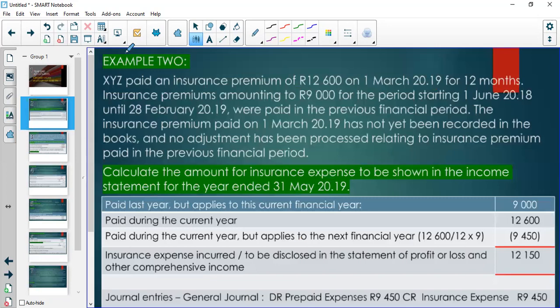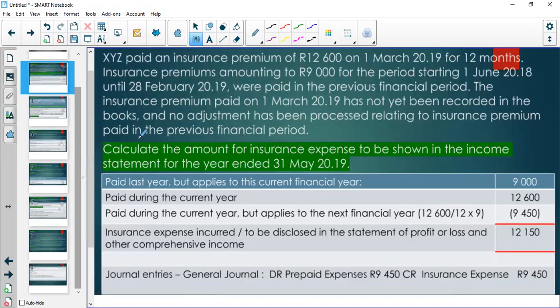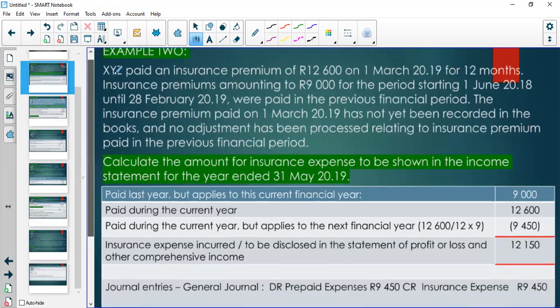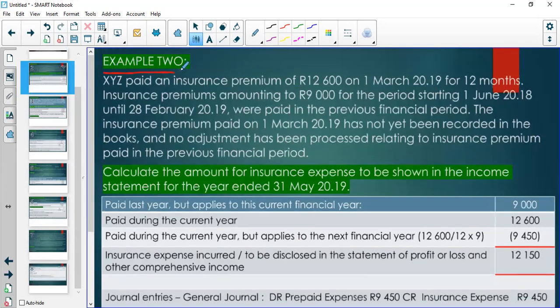So here's another example. All right. Here's an example of a prepaid expense, right? It goes like this: we have an insurance company that paid insurance premiums, right? So before we go to read the story, let us start by determining the financial year cycle.